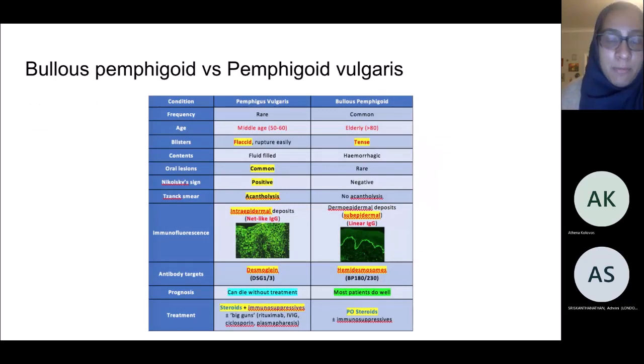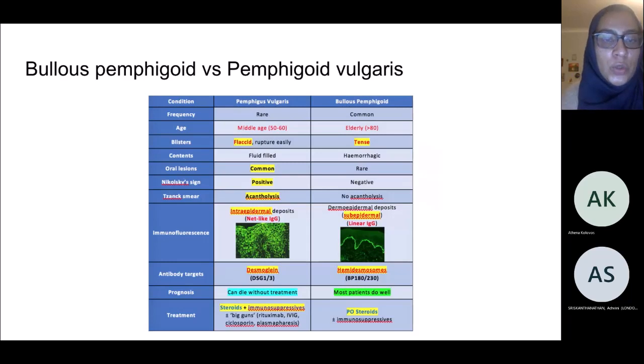Firstly, with bullous pemphigoid, as I mentioned previously, it's an autoimmune skin condition that tends to affect your subepidermal region. So if you think about your layers, your top layer is your epidermis, then you have your dermis, and then you have your subcutaneous fat. So bullous pemphigoid affects that subepidermal region. What you get is autoantibodies against a particular protein called the hemidesmosome protein.